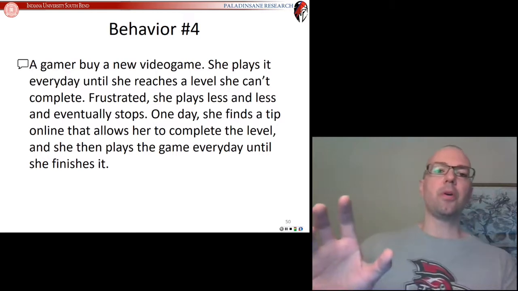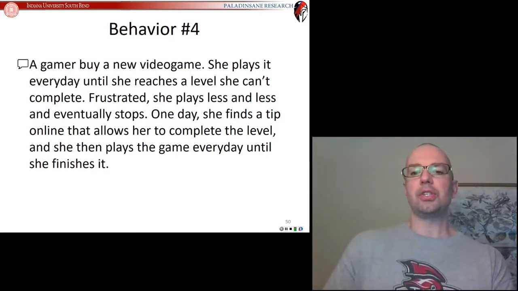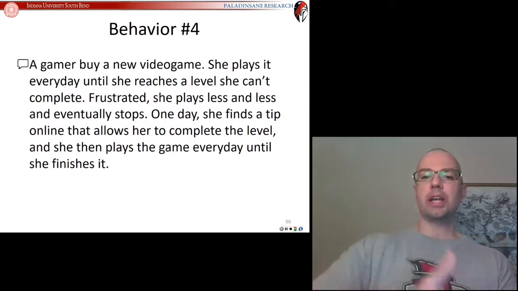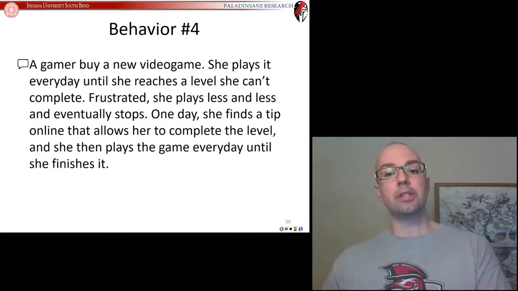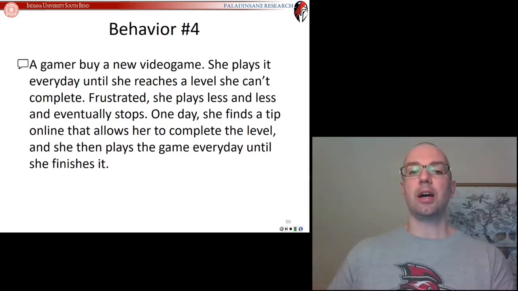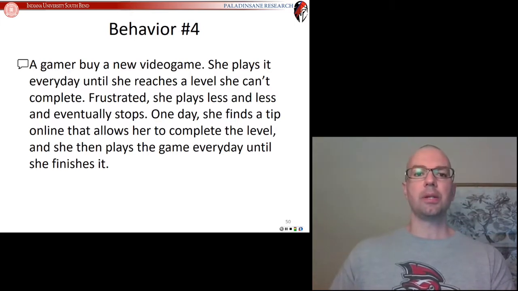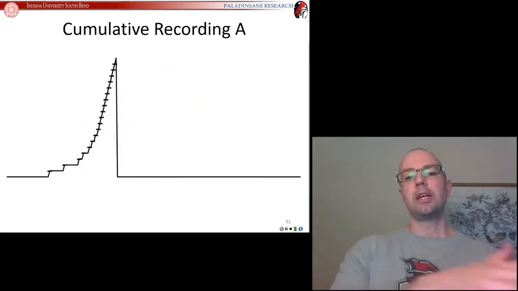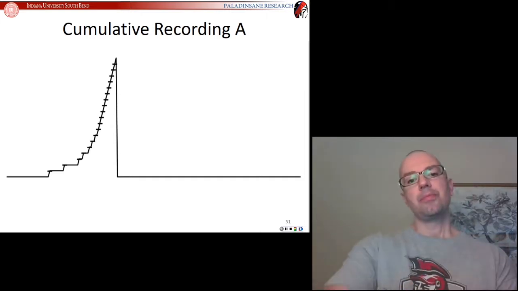And behavior number 4, the reinforcement is playing the video game, getting those achievements. So once again, look for this: every time that she plays, she will get reinforced until she cannot pass that particular level. So again, match those 4 behaviors to these 4 cumulative recorders. And again, flat lines indicate no response.